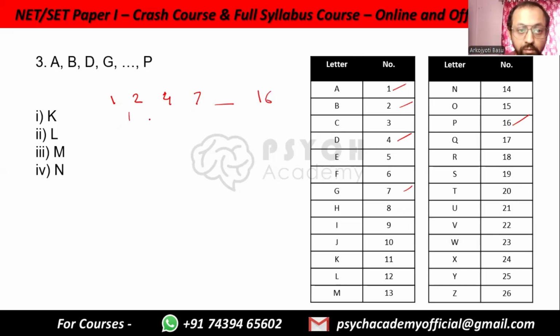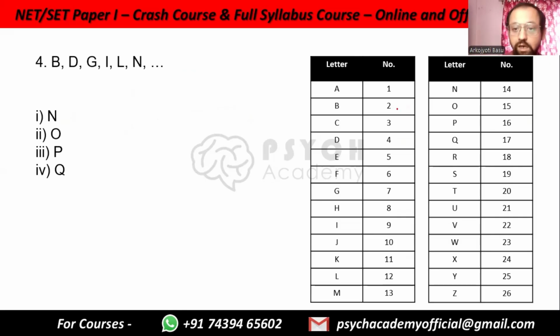Increasing by 1, increasing by 2, increasing by 3. So it should increase by 4 here, that makes it 11. Increase by 5 here, that makes it 16. The full thing matches. 11 is the correct answer, and the number 11 is K. So if you assign numbers to letters, all letter series are just very simple and easy versions of number series. That's all it is.